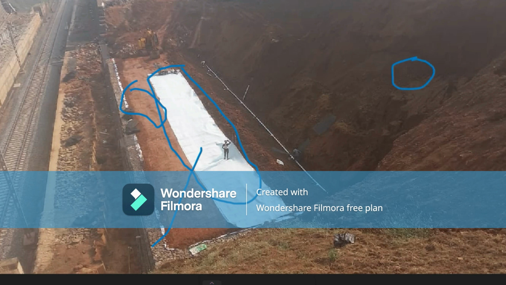Here you can see the perforated and also non-perforated pipeline. The PVC pipeline is connected with the existing slope, and the water from this existing soil will pass through this pipeline to the drain. At first they lay the geotextile, and then we construct the second one.